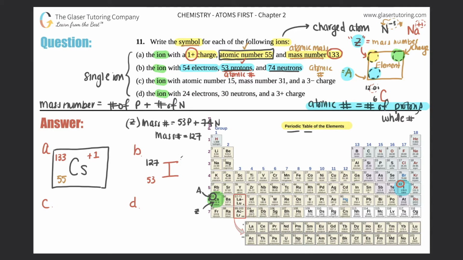Now we just have to find out what the charge is. Okay. Now they didn't tell us a specific charge, but the charge always comes from the difference between the protons and the electrons, right? Why is that? Because protons are positive and electrons are negative.